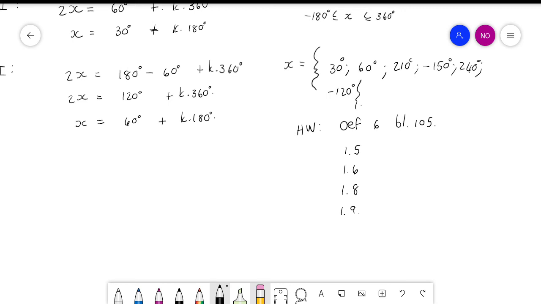Okay, ek wil net vinnig voordat julle begin, julle aandag vestig by 1.6. Ek gaan nou nie die hele ding vir julle wys nie, maar hy begin met sin x cos x is gelyk aan 0,25. Ons kan nie daai ding net reguit gaan skryf as sin 2x nie. Do you agree? Because you need a 2 in front. So let's write the 2 in front.